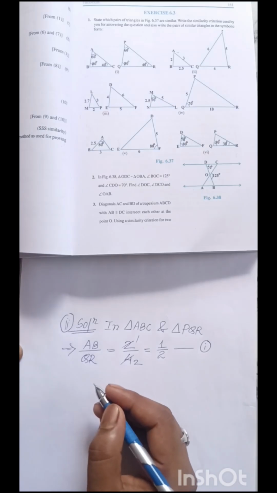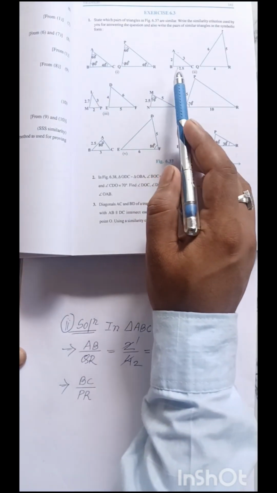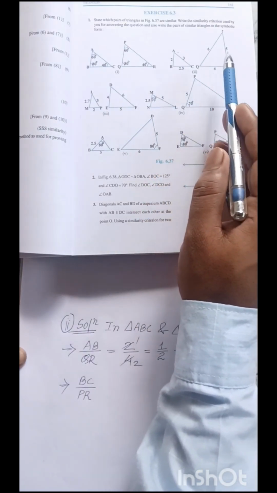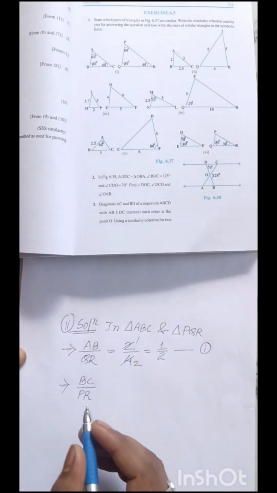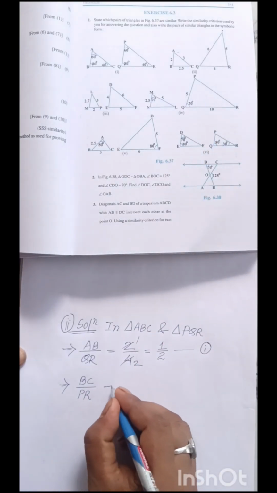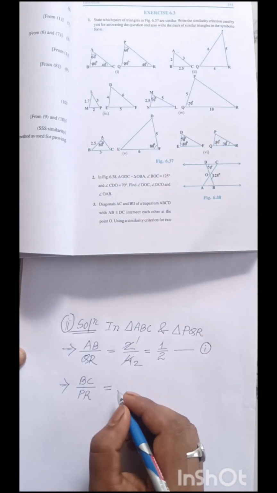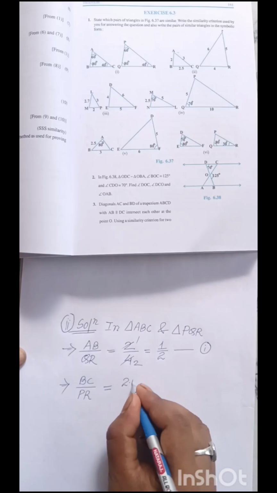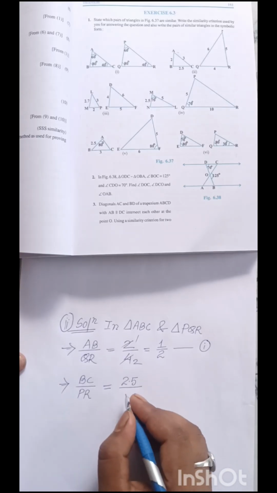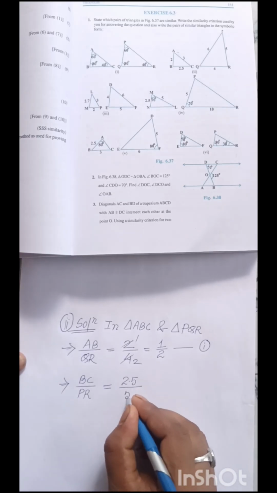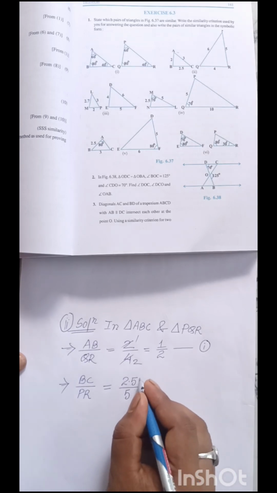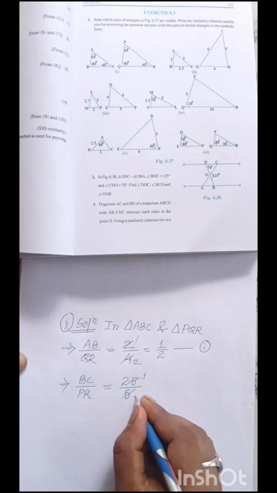Now another ratio I will check. I can compare this BC side with this PR side. So BC by PR equal to, BC value is 2.5 and PR equal to 5. Now this also I can cancel: 2.5 1s are 2.5 and 2.5 2s are 5.